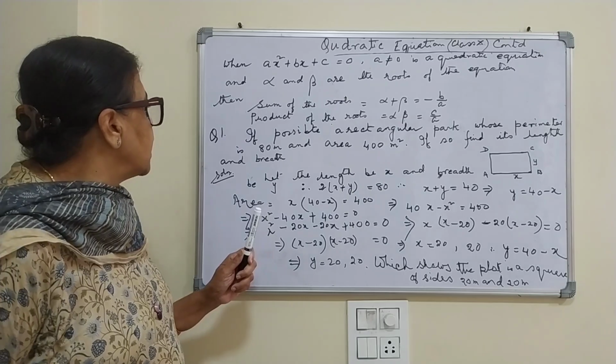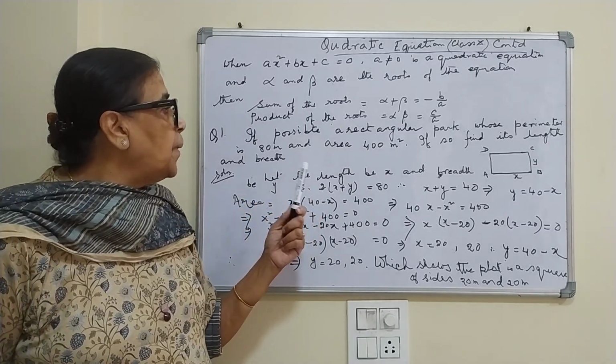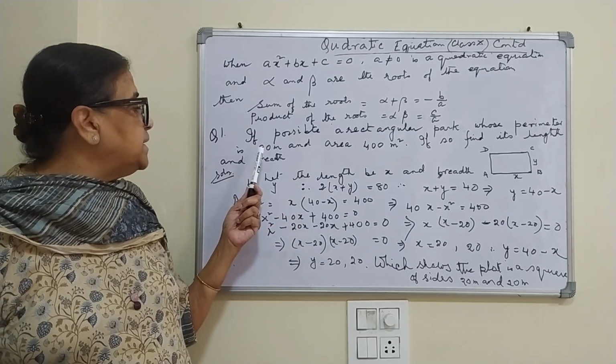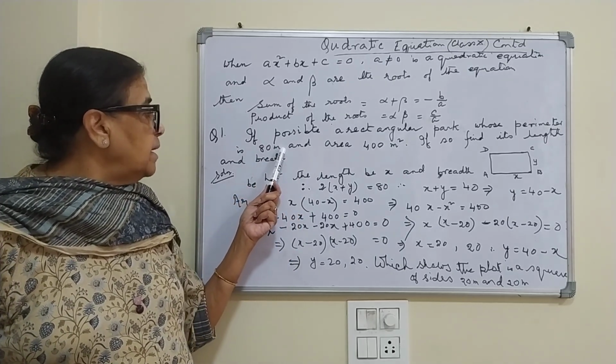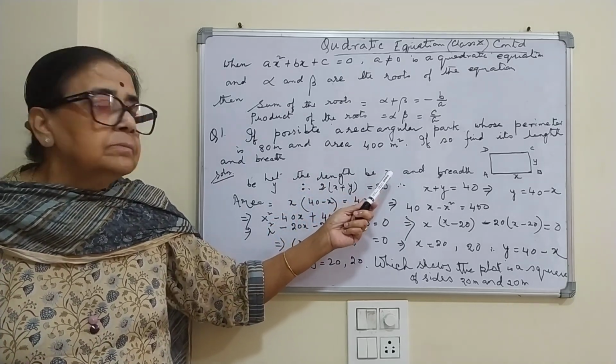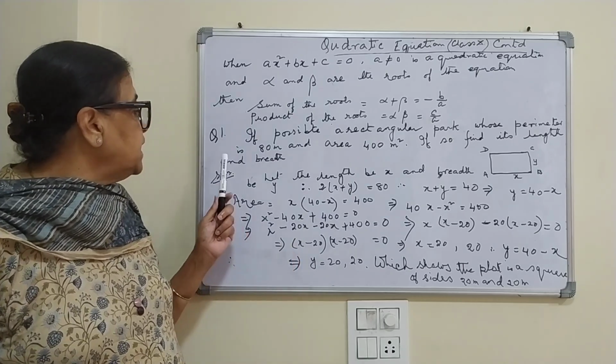Question number 1. A rectangular plot has perimeter 80 meters and area 400 meters square. If possible, find its length and breadth.